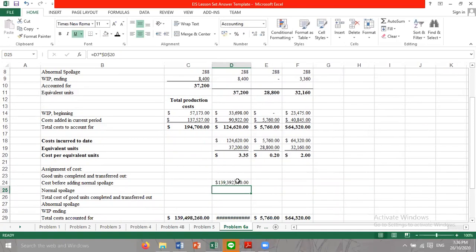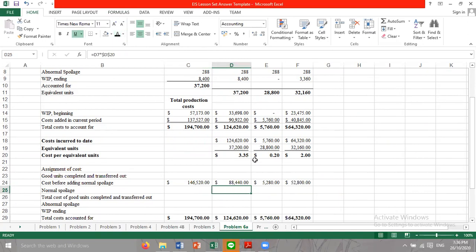Okay, we'll get this. And then same thing for direct materials and conversion cost, just multiply it. And then we sum it, and we'll get 146,520.